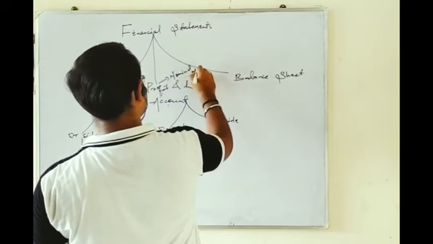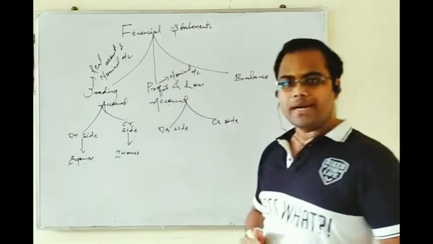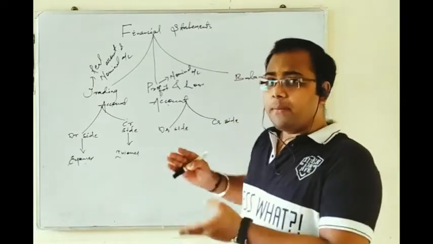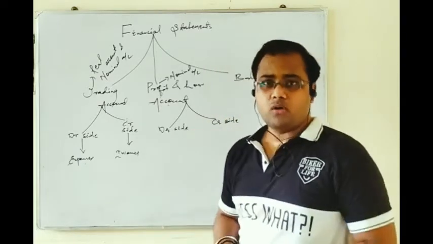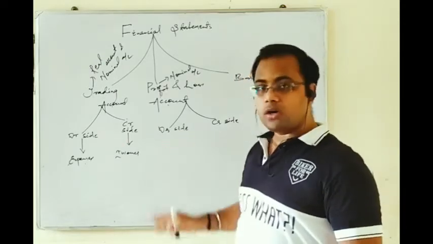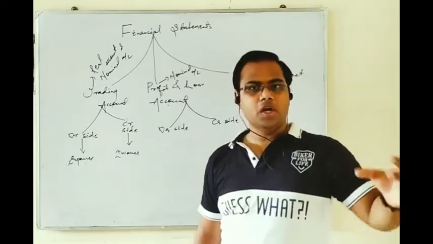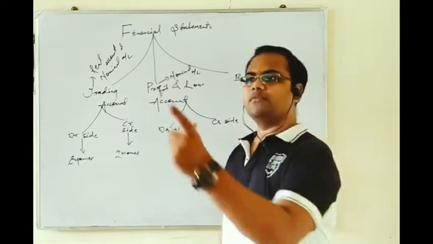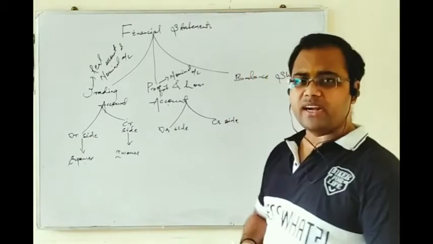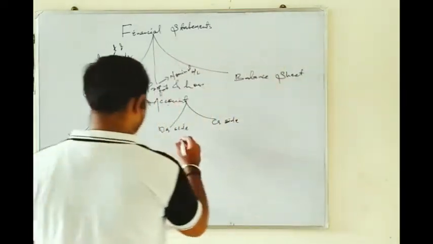So it becomes very easy to know what should be written on the debit side and what should be written on the credit side. So what should be written on the debit side, being a nominal account like profit and loss account? We should write the expenses of a business enterprise on the debit side, because according to the golden rule of accounting, for nominal account: debit all expenses and losses, credit all incomes and gains. So what should be written on the debit side? All expenses and losses.